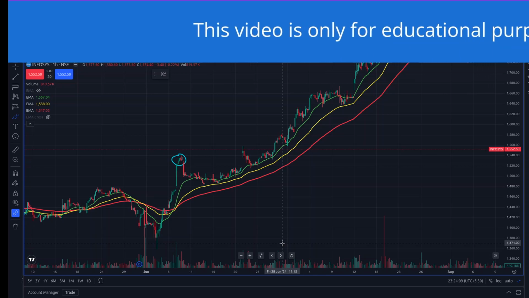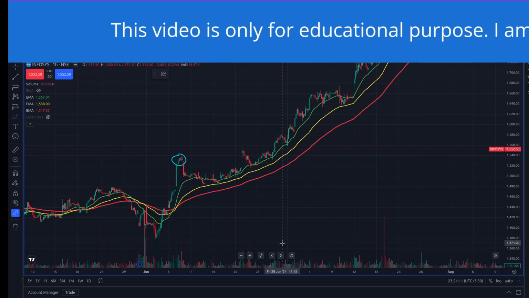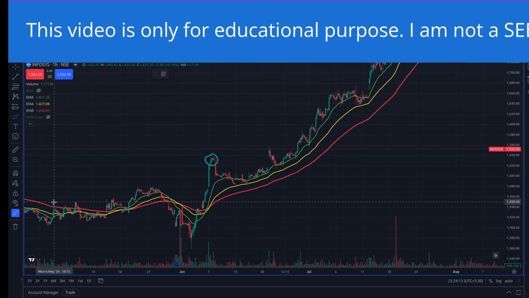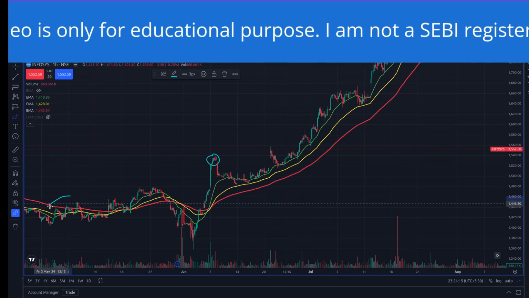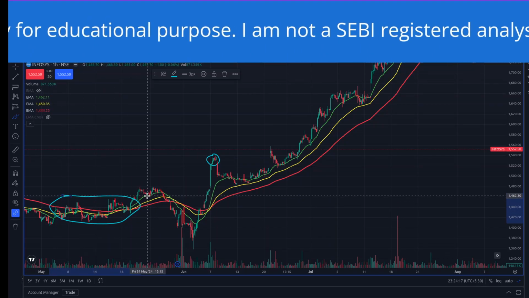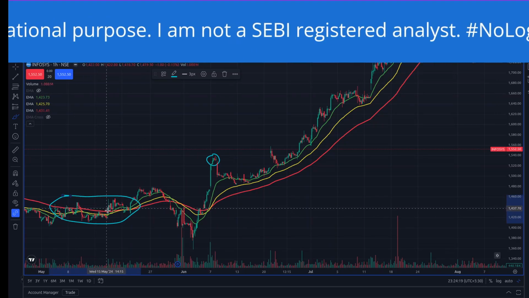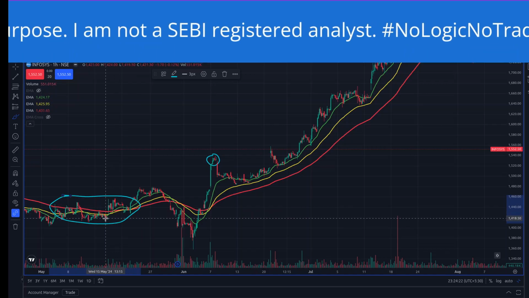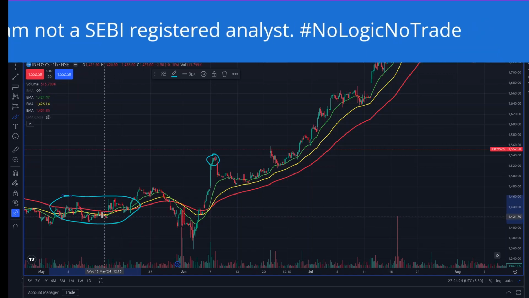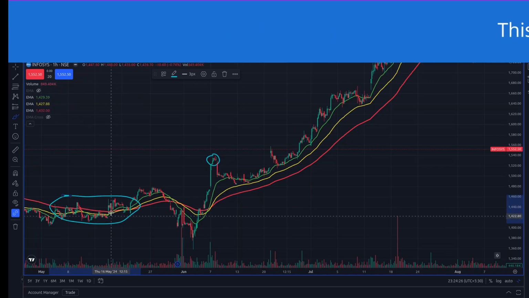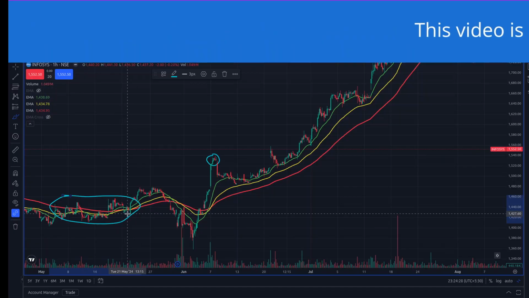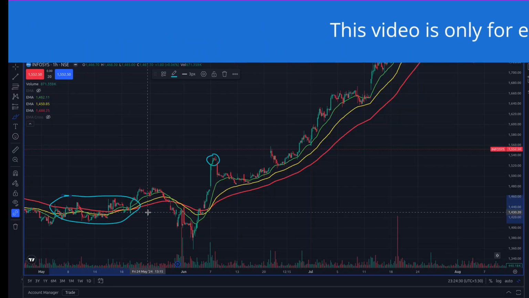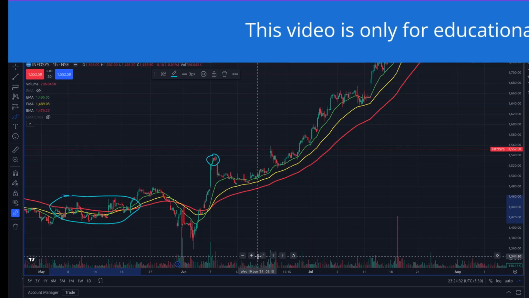And a few things: if EMAs are in this zone, I mean they are completely flat, not clearly breaking upwards or downwards, you can skip these time frames and keep on waiting for a perfect entry.